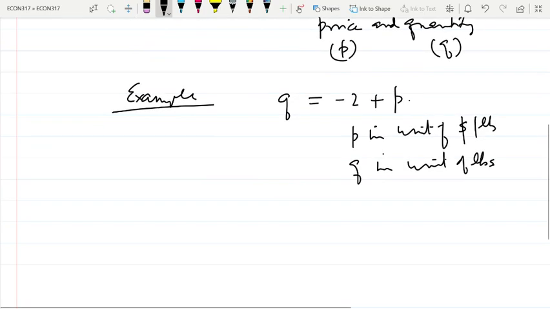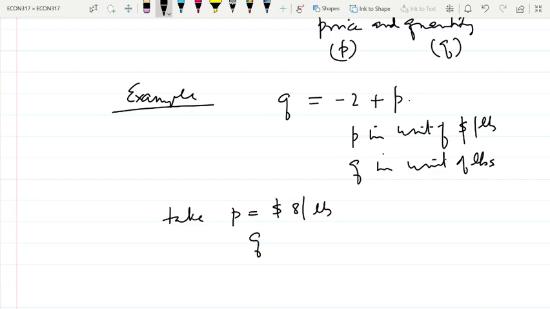So given this supply function, we could figure out the quantity firms are willing and able to sell at any given price. Take P to be $8 per pound, then the quantity firms are willing and able to sell is minus 2 plus 8, 6 pounds.